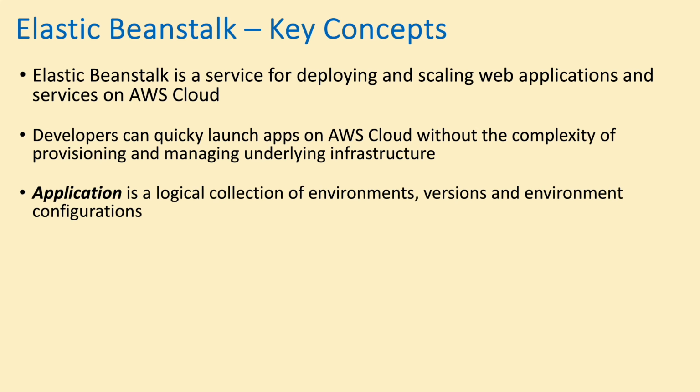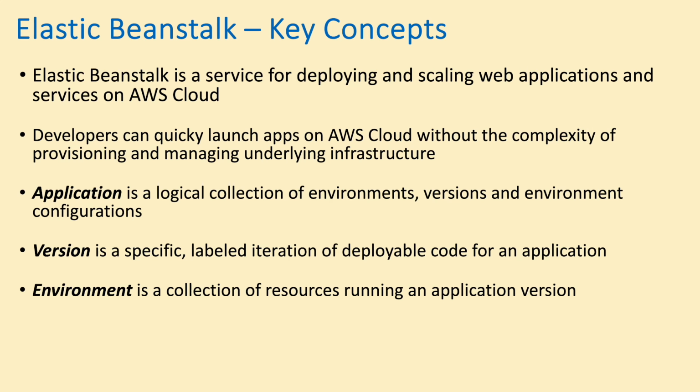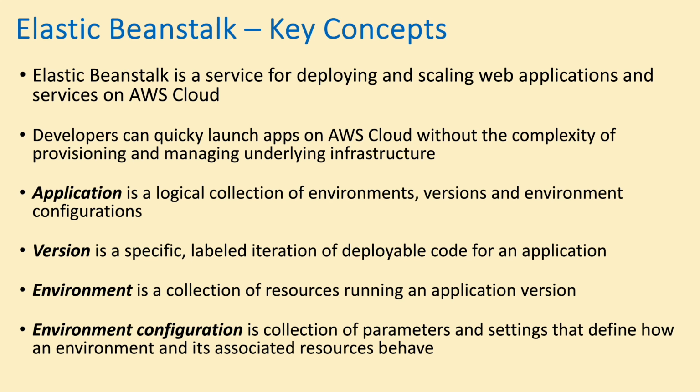Application is a logical collection of environments, versions, and environment configurations. Version is a specific labeled iteration of deployable code for an application. Environment is a collection of resources running an application version. Environment configuration is a collection of parameters and settings that define how an environment and its associated resources behave.